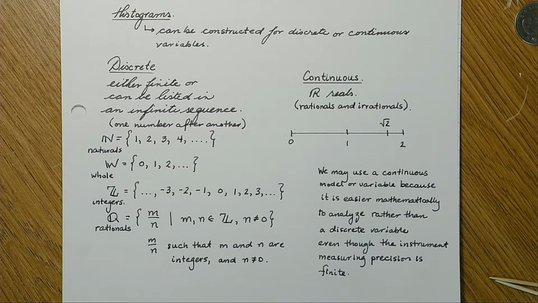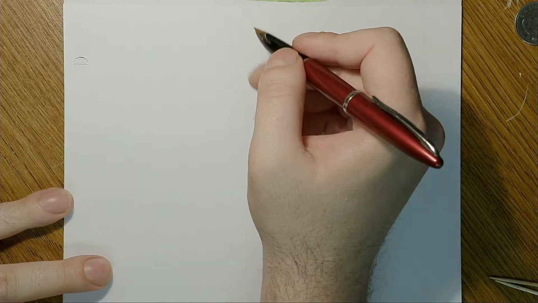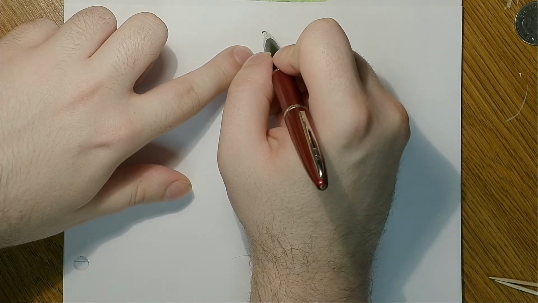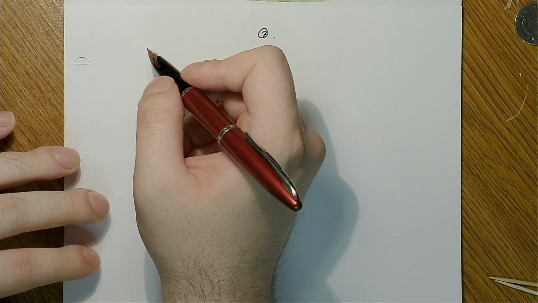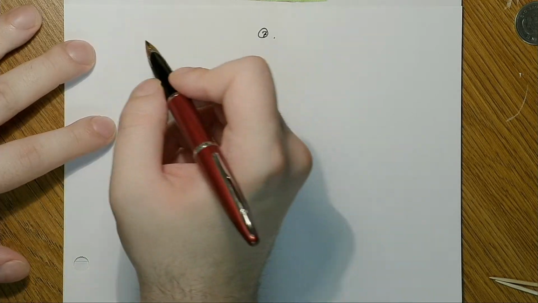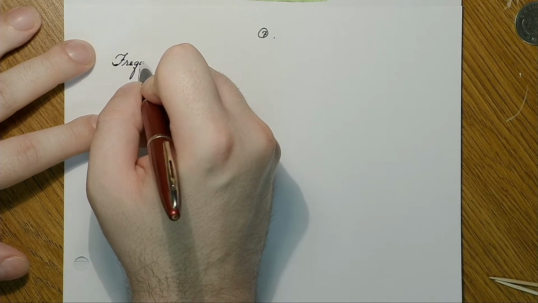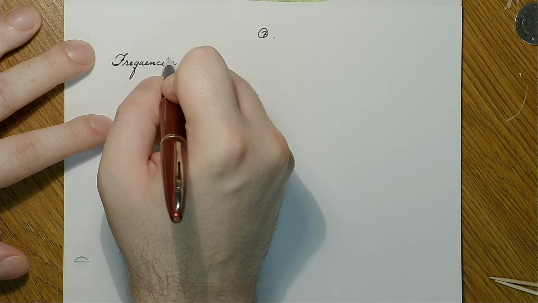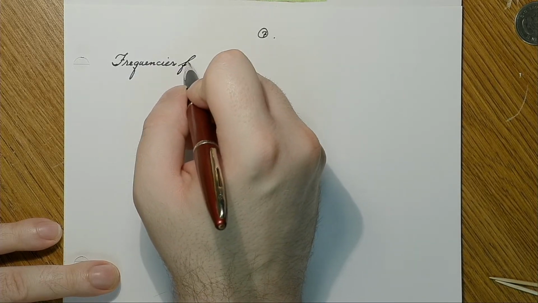Okay, let's move on for a second. So here's number 7. We're going to talk about frequencies for discrete data.